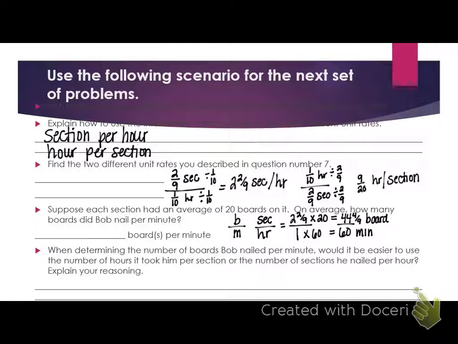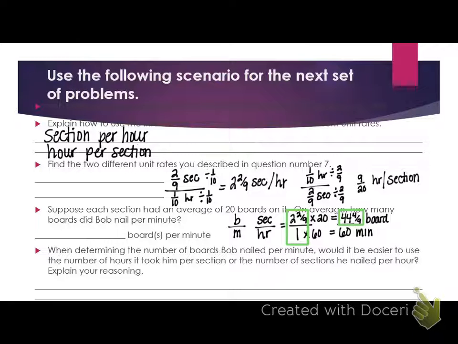Because our boards per minute will correlate with sections per hour, we can fill in the information below. We can fill in our unit rate, which is 2 2/9 sections per hour. And if we wanted to know how many boards that would cover, then we would take our 2 2/9 and multiply it by 20 to get that is the same as 44 4/9 boards.